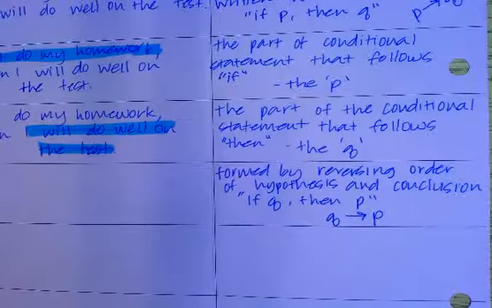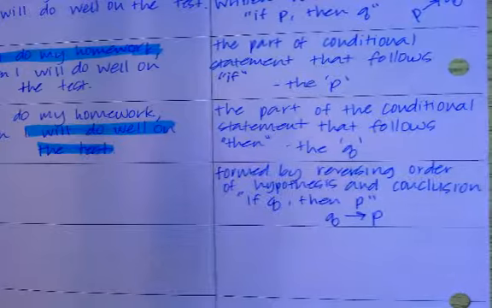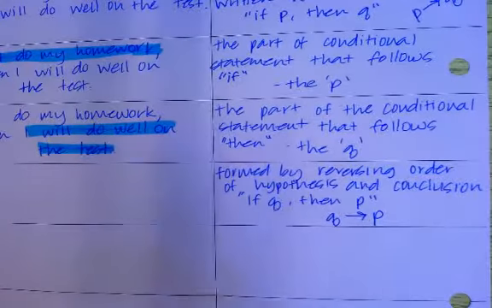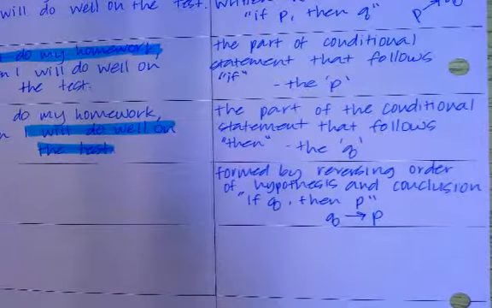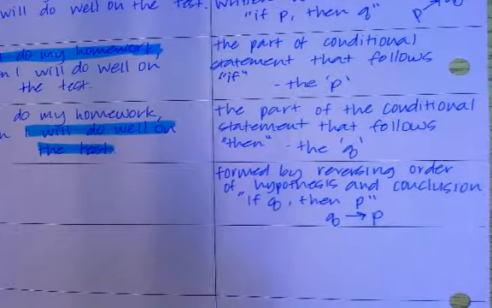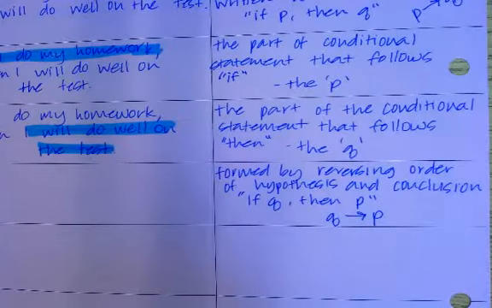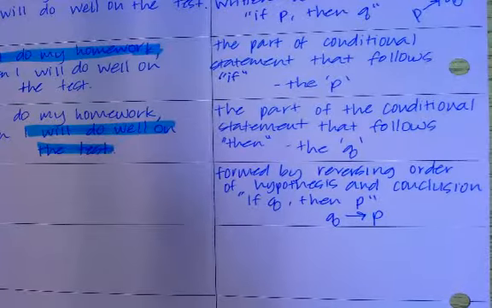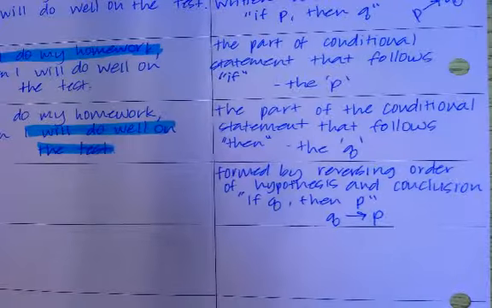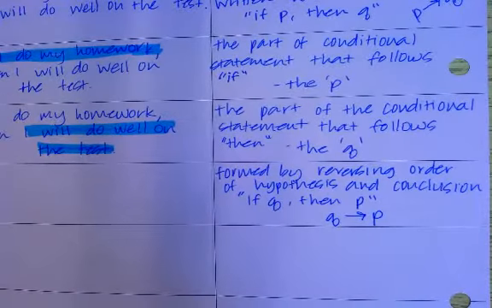Using our same example, if I do my homework, then I'll do well on the test. How would that look for the converse? I will do well on my test if I do my homework. We still want to keep it in if-then format, so just reword it. If I do well on my test, then I did my homework.